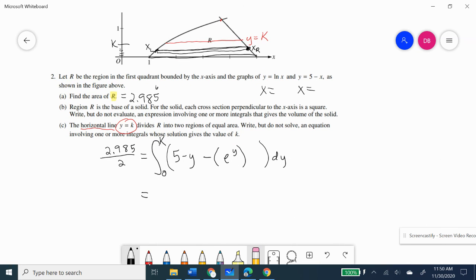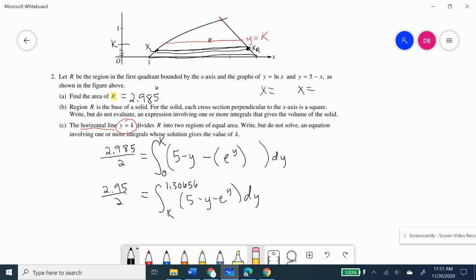You could do that, or you could have done the same exact integral with 2.985 divided by 2 and say it was k to the y coordinate of intersection, which was 1.30656, or you could have just said the integral of 5 minus y minus e to the y.